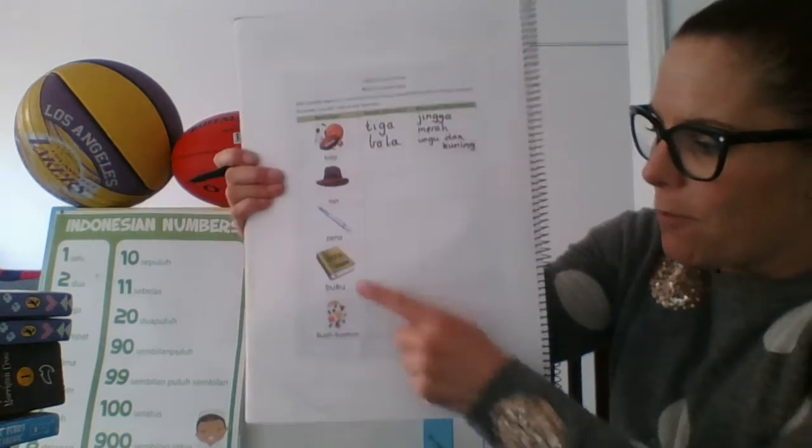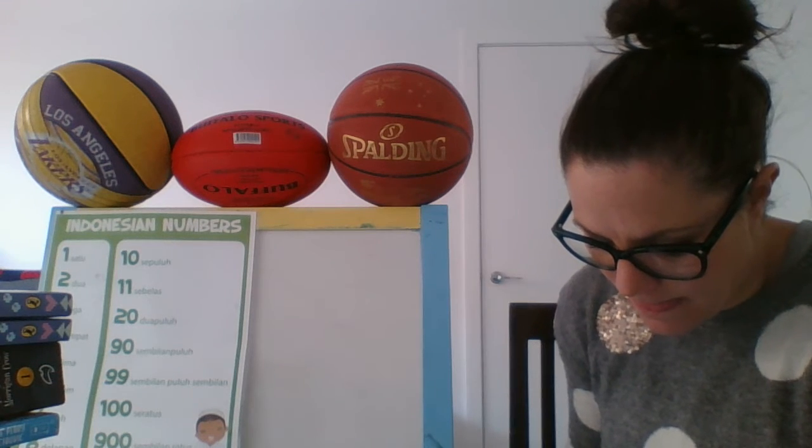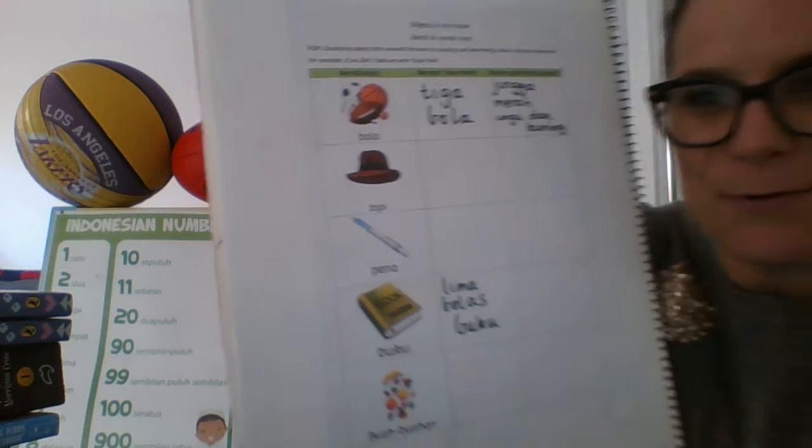So I have 15 different books there that I got during my colour search. So in the section for buku, where it says berapa, how many, I write 15 buku, 15 books. Here we go. 15 buku.